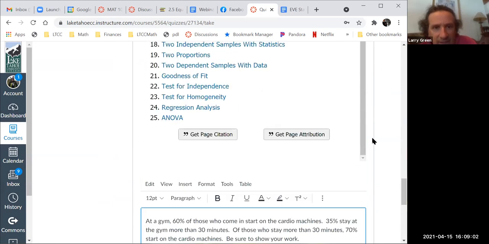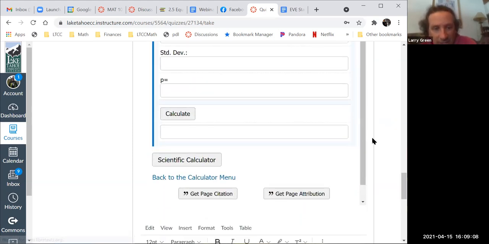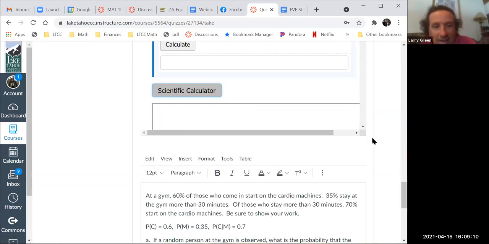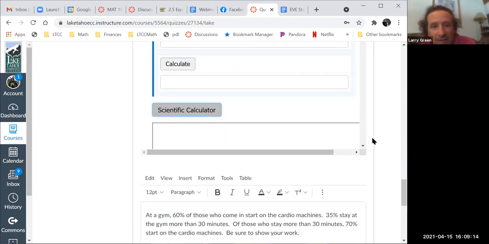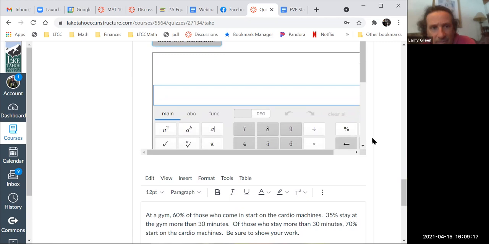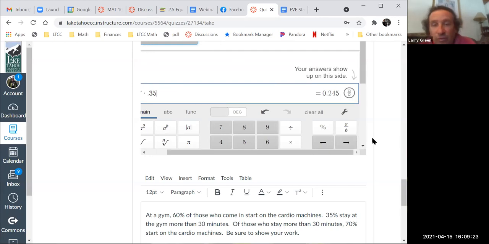You can pick any of these, it doesn't matter. Just go to scientific calculator, and then you can type in what you need. And that is 0.7 times 0.35, and you get 0.245.